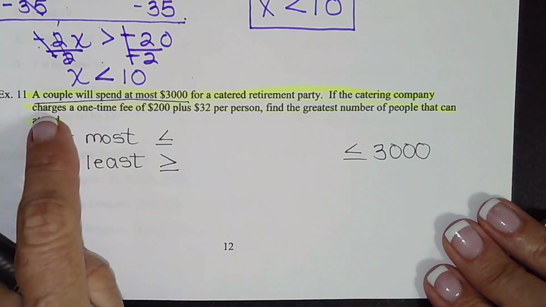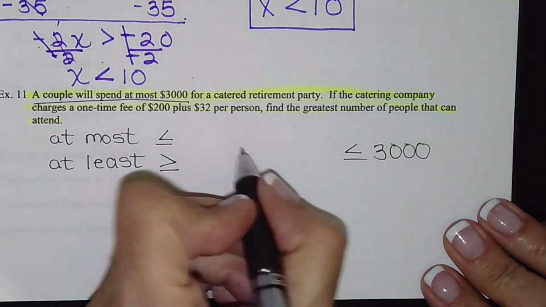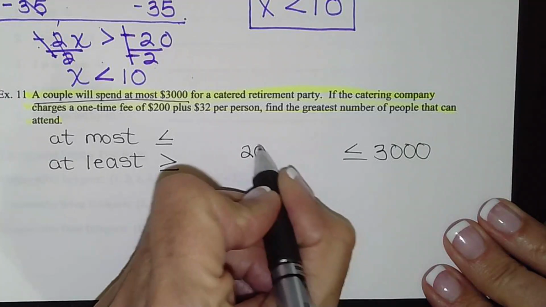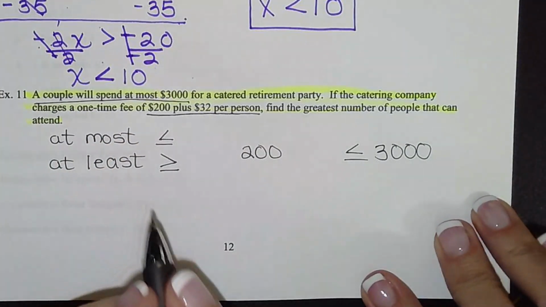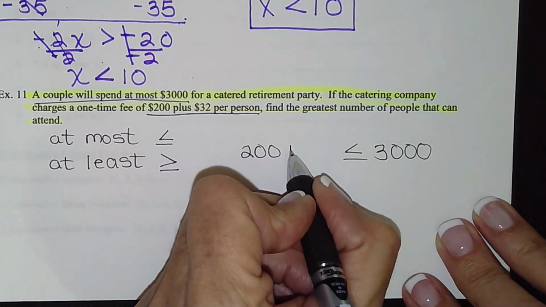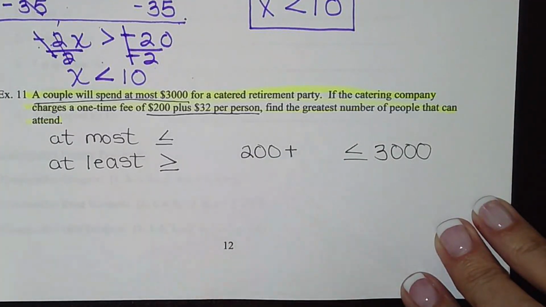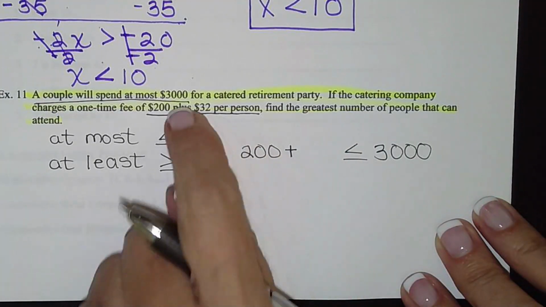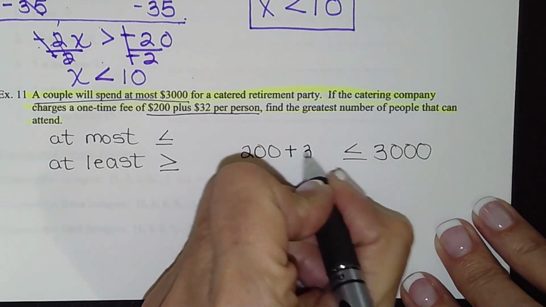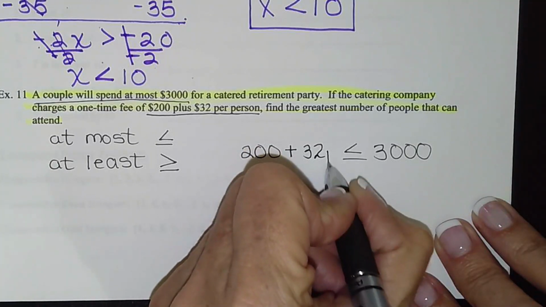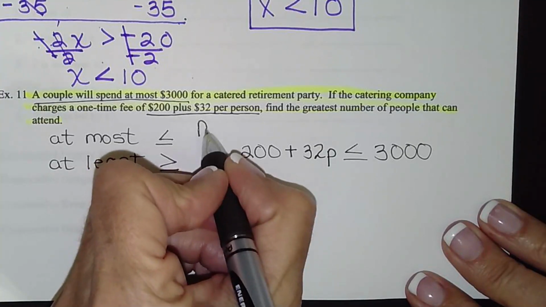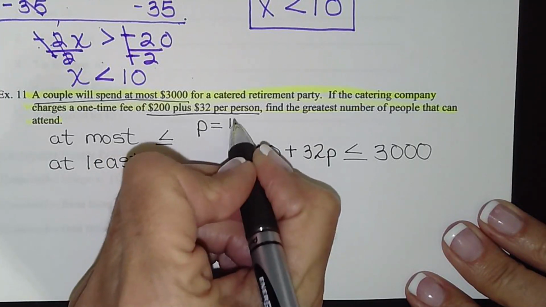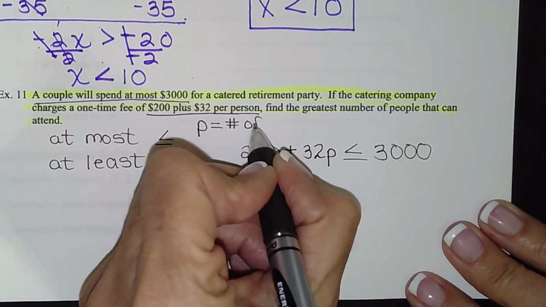If the catering company charges a one-time fee of $200 plus $32 per person, so just do a direct translation, plus 32 per person would be P. So P equals the number of people.